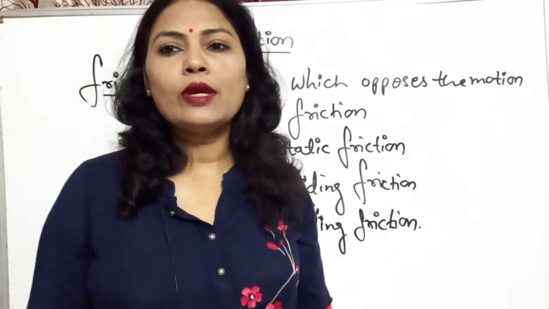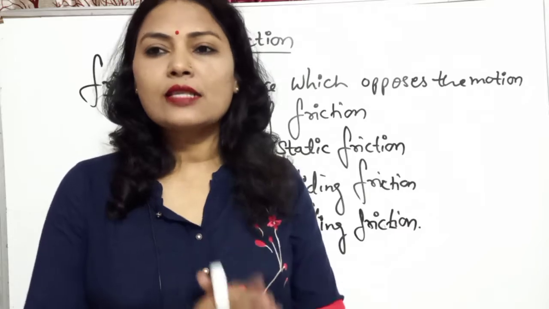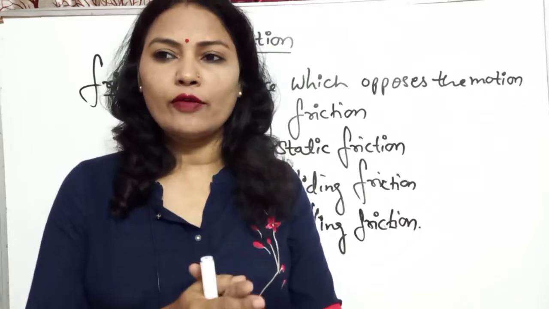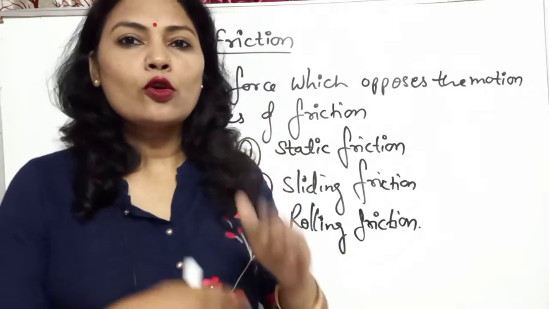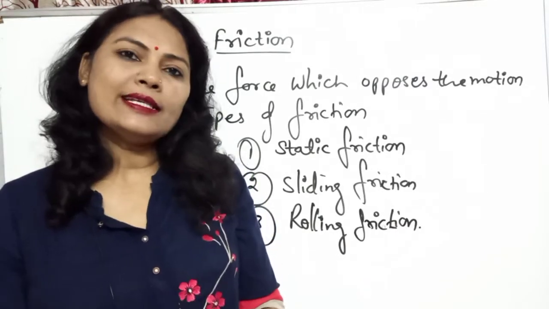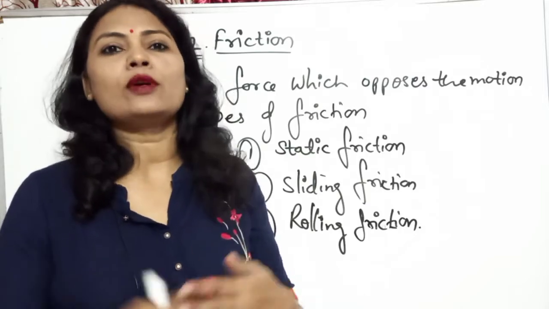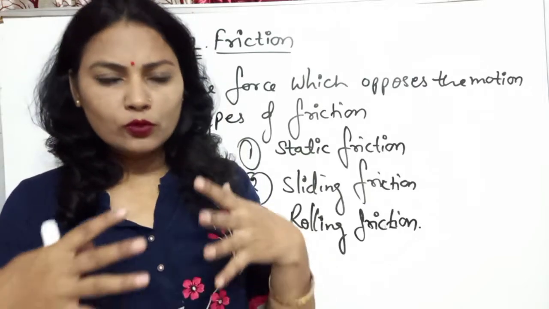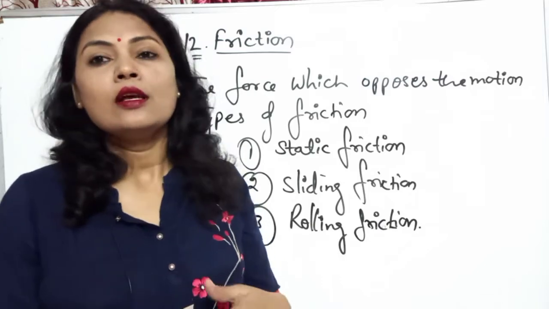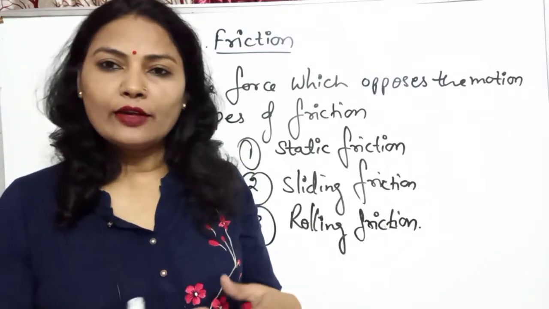So you can say it is the force of friction that exists between two surfaces when a body rolls over another body. Means if the body is rolling over another body, then rolling friction is taking place. If the two bodies are sliding on each other, means one is sliding on the other body, then it will be sliding friction.